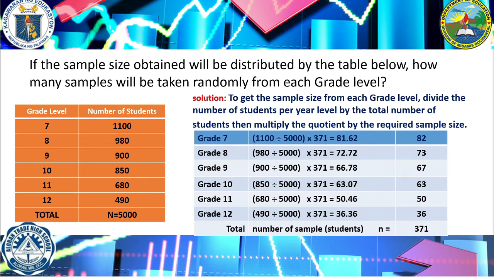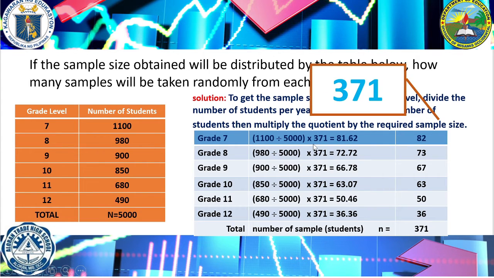So we have here the results. From grade 7, we have 1,100 divided by 5,000 times the required sample size of 371, resulting in 81.62, which is rounded up to 82.